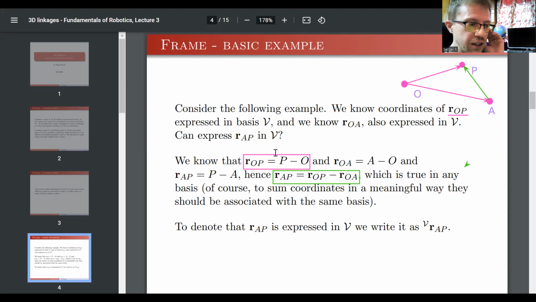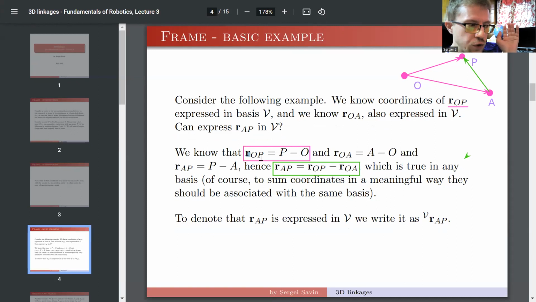We want to understand what information each of those vectors contains, but it still is a vector. That is the important part. So this contains information that the vector describes point P as seen from the point O. Okay, sure, that's what it describes, but it is still a vector, and you can manipulate it as a vector.